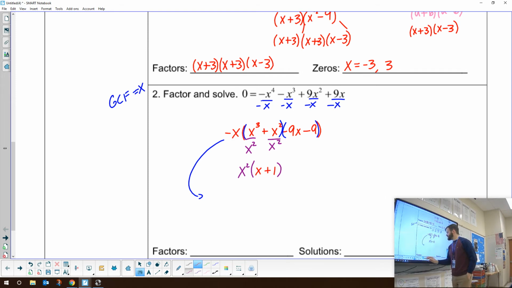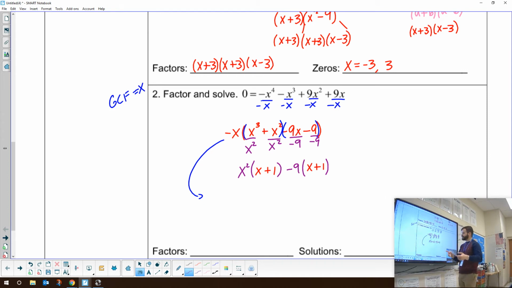And then in my second group here, both of these have a negative 9 in common, so we can pull out a negative 9. That'll leave me with x plus 1 on the inside. Okay, now I have an x plus 1 in common between these two.